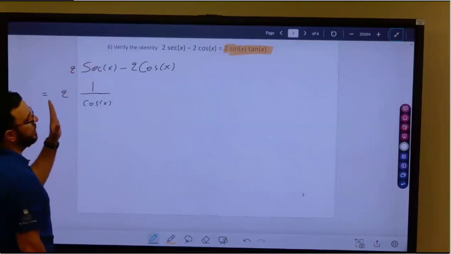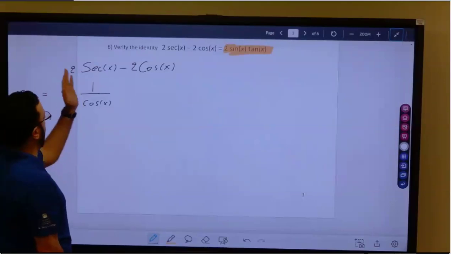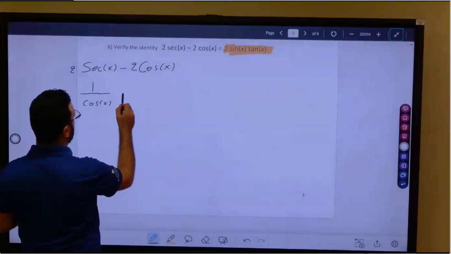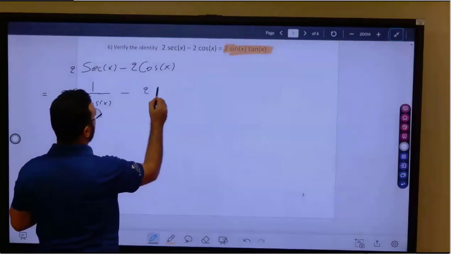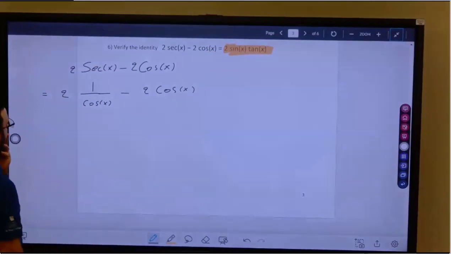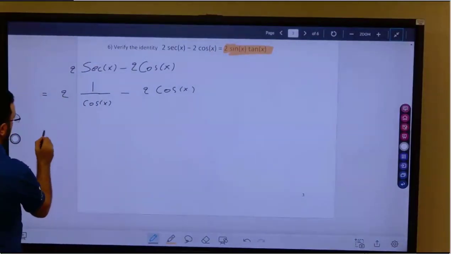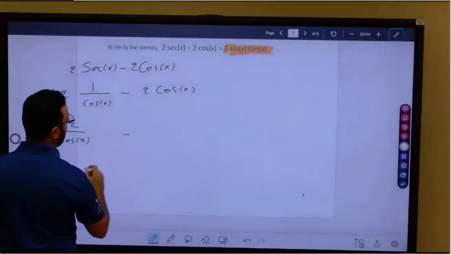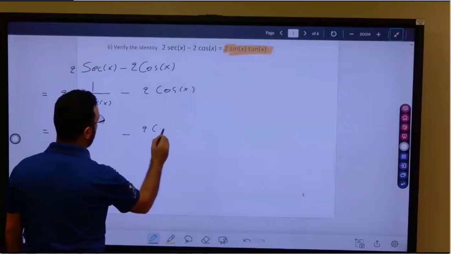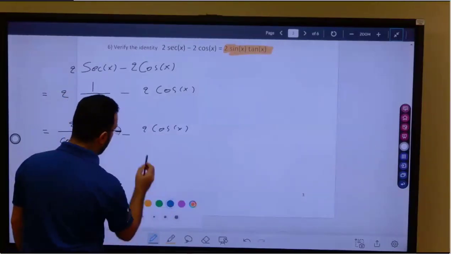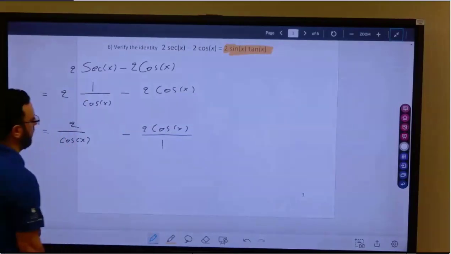The only thing I can do is secant equals 1 over cosine. So this is minus 2 cosine x. This one is going to be 2 over cosine x minus 2 cosine x, and I can write cosine x over 1.